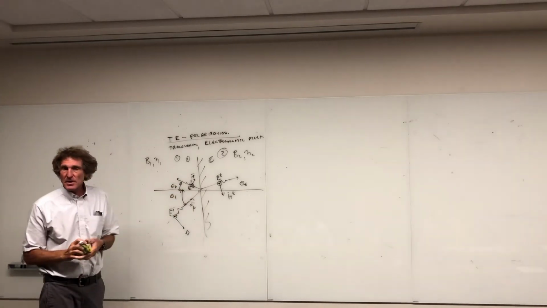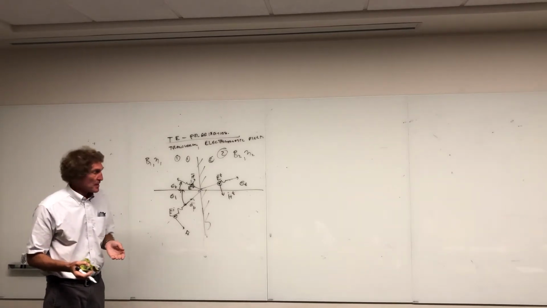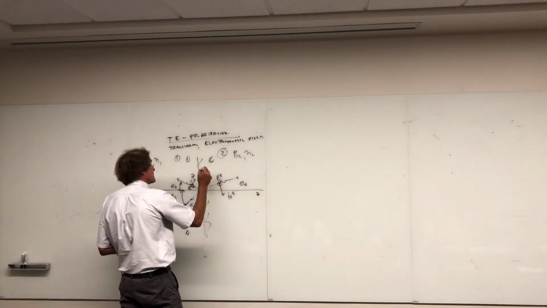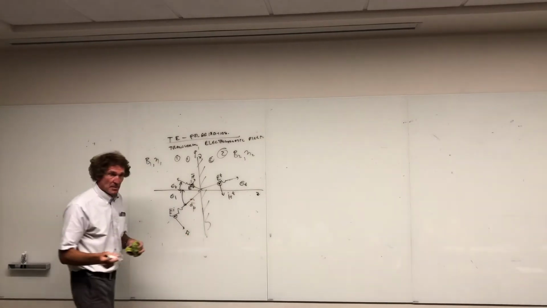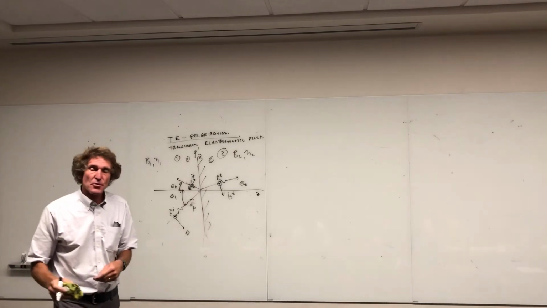You follow what's going on here, class? I'm just trying to establish a drawing and a coordinate system. This is going to be Z, this is going to be X going up, and Y is coming out of the board. Follow me?